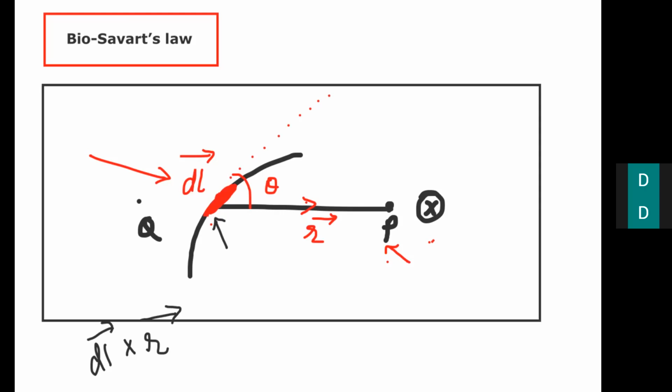Once again, there is a point P, and there is this current element over here. Try to put your right palm there and curl your fingers. When you curl your fingers, that will be the direction of r, and your thumb will be pointing upwards towards your face, if you have the laptop screen or phone screen placed on the table surface.